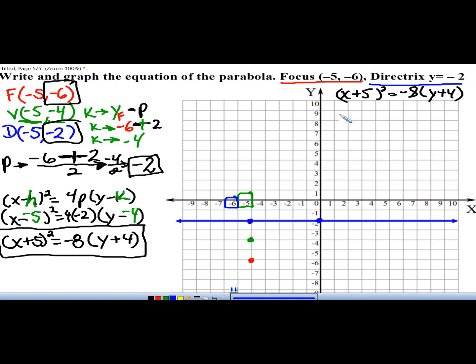I'm going to write -6, and I'm going to bring down the +5 squared equals -8, parentheses, y plus 4. All right. So copy this and let's do this part together. I'll give you 10 seconds to copy that, and then we'll do the computation together. Basically, this extra step is so that we are as accurate as we can be when we're sketching our parabola, okay?